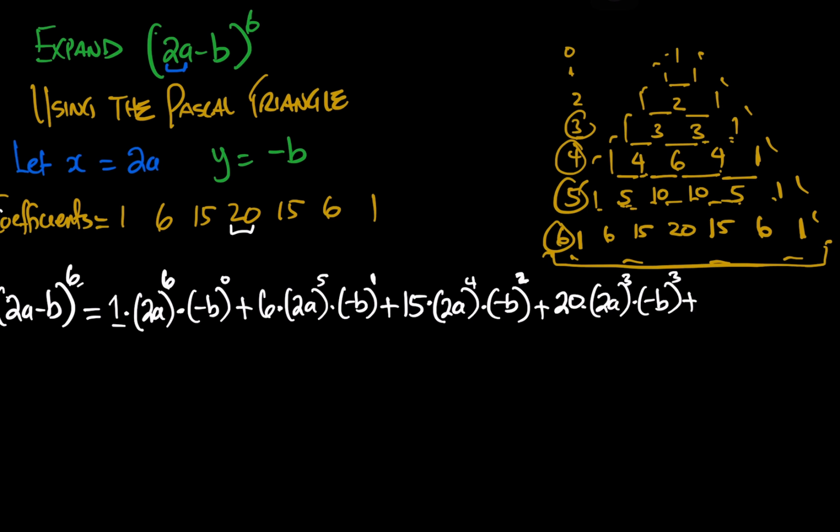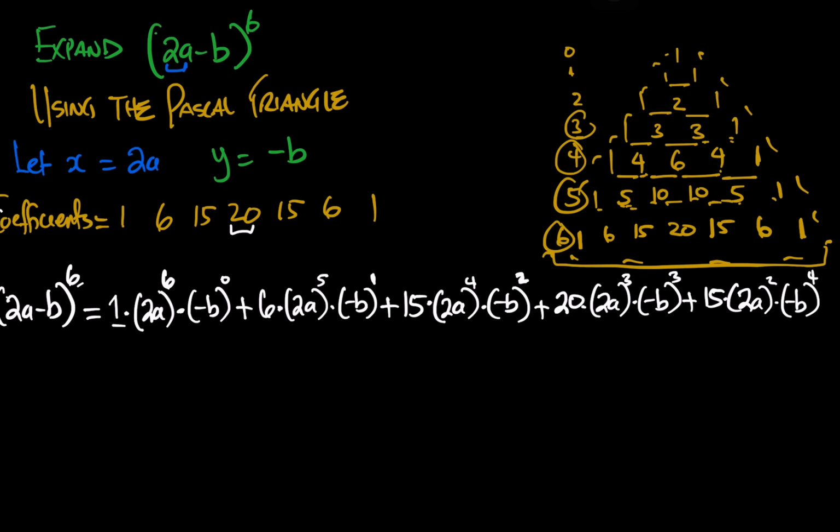Plus the next coefficient is 15, multiplied by x, which is 2a, and that descends to 2. And then our y, negative b, goes up to 4.